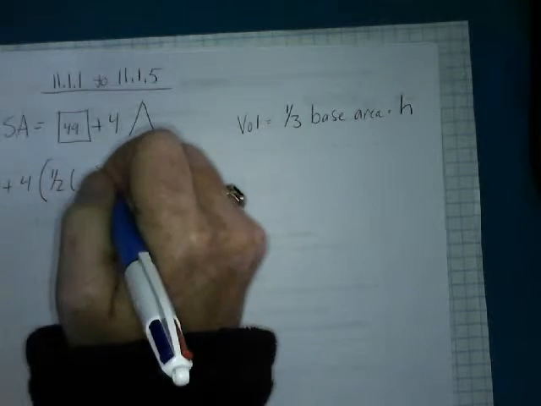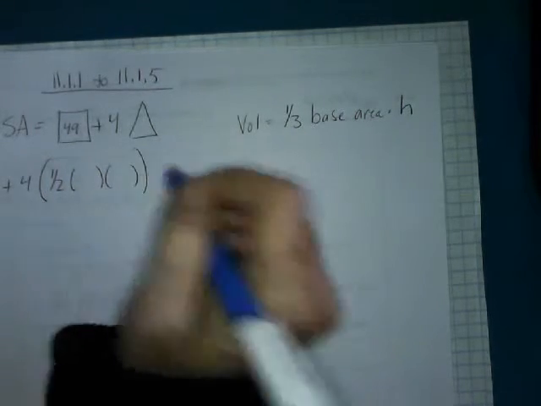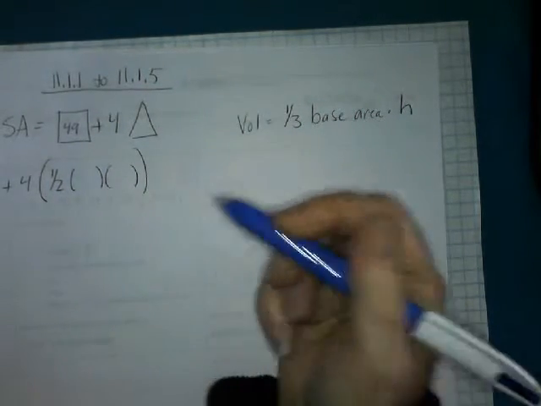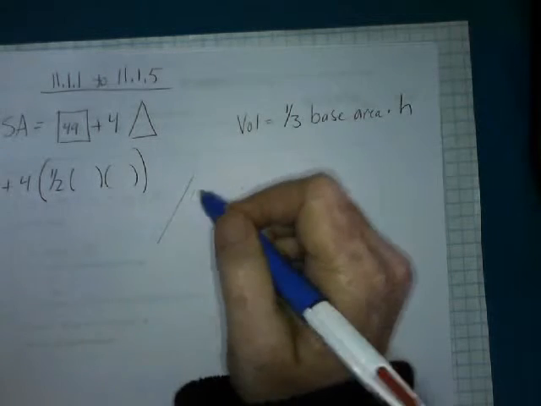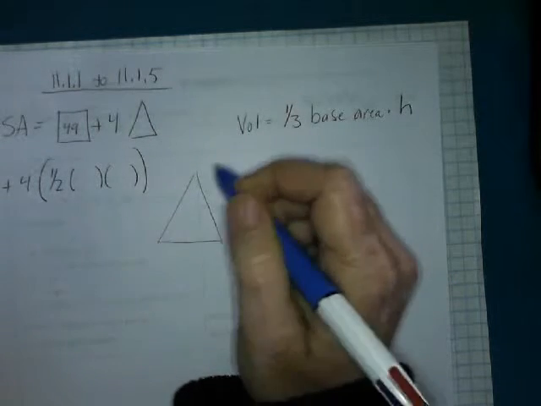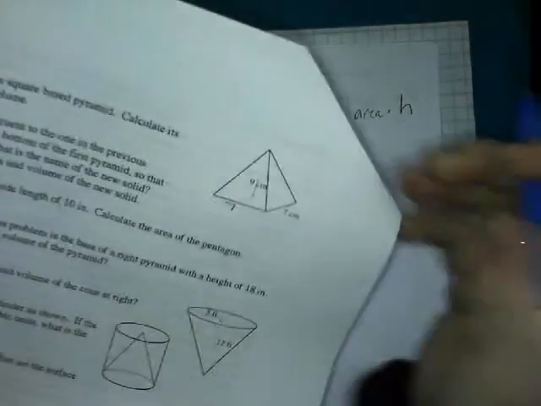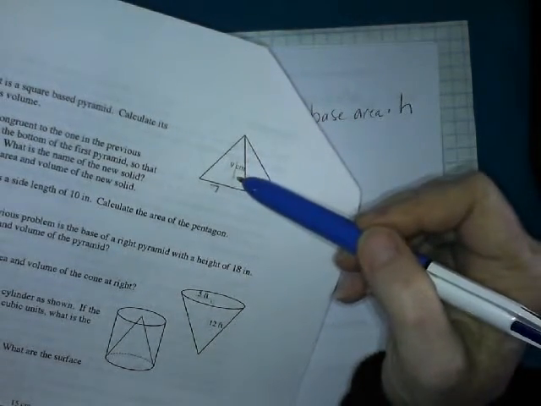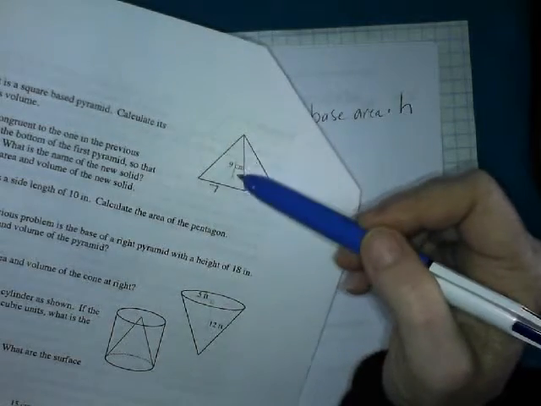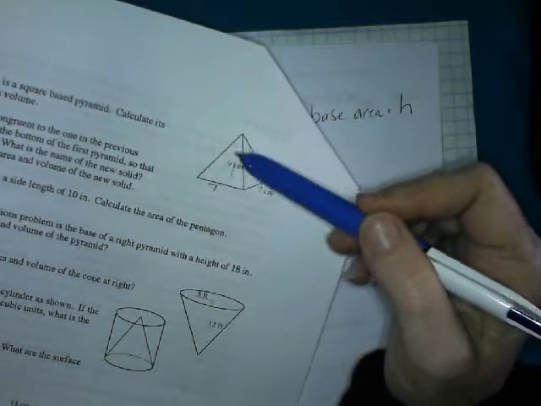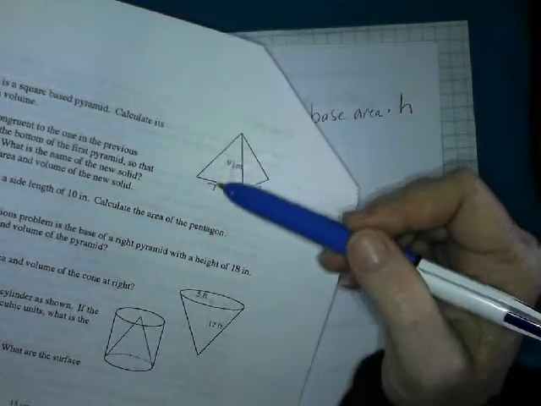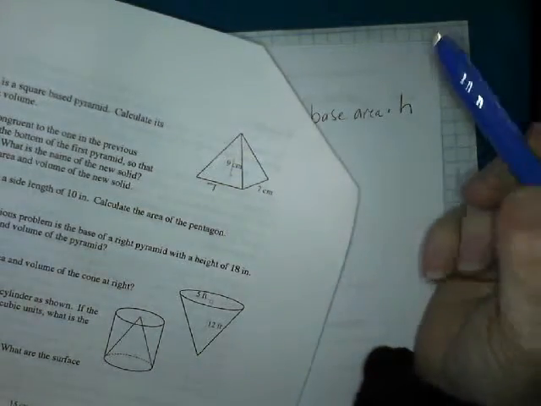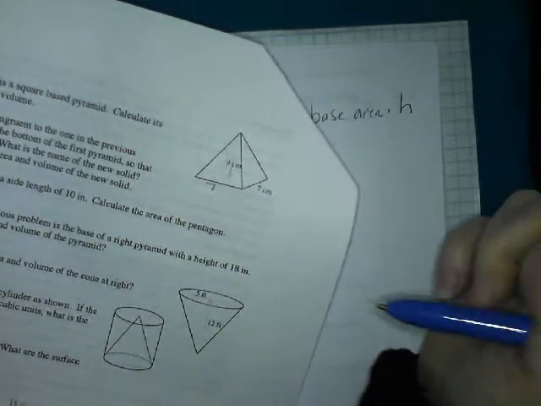If you look in the picture in your book, this height right here, on the inside of it, that's on the inside going from the middle of the floor, like if it was a tent, all the way up to the top. So we need the slant height to get the area of the triangle.